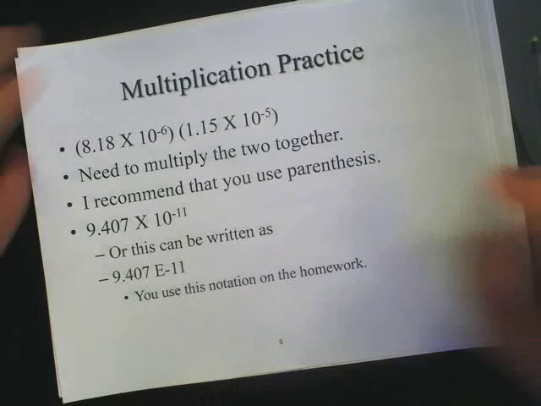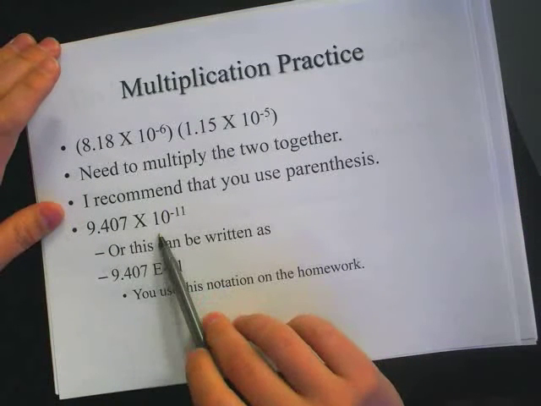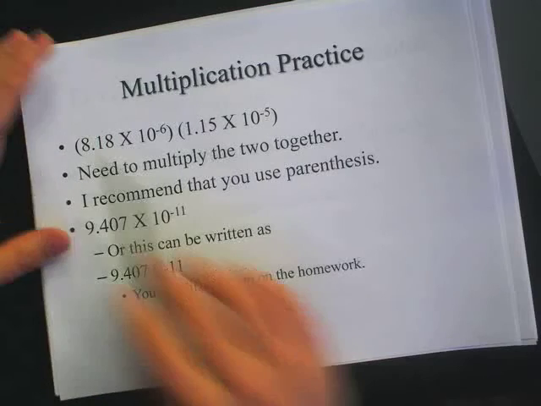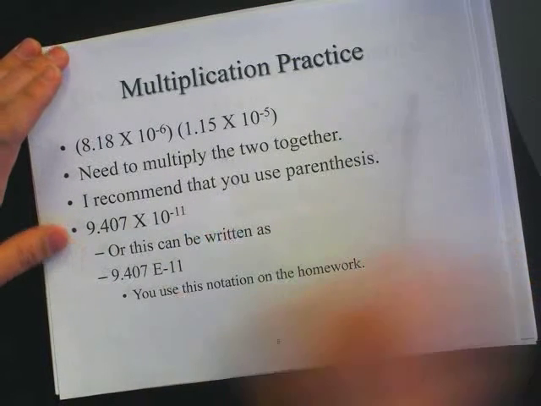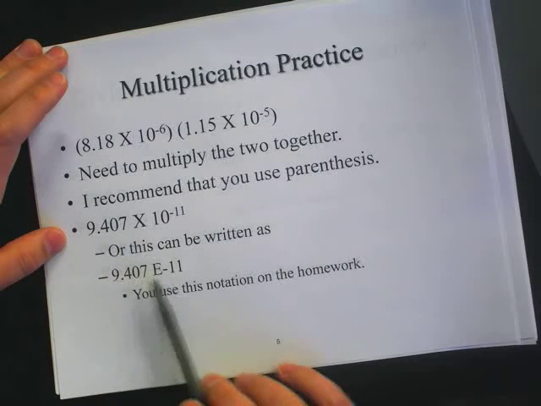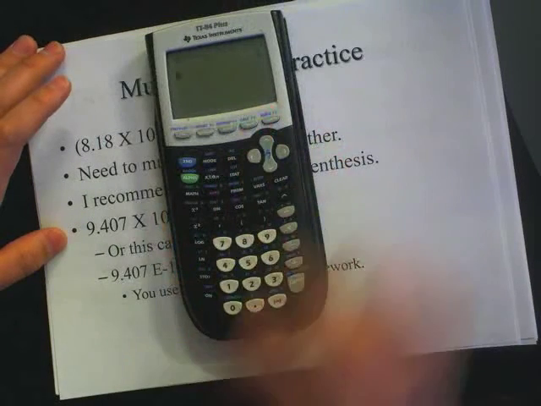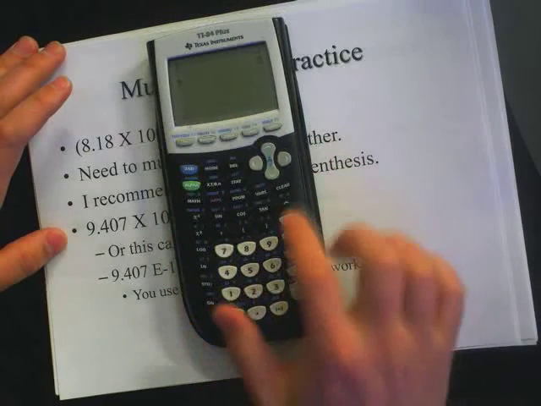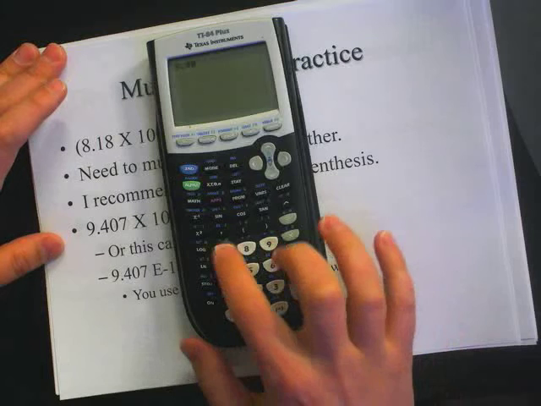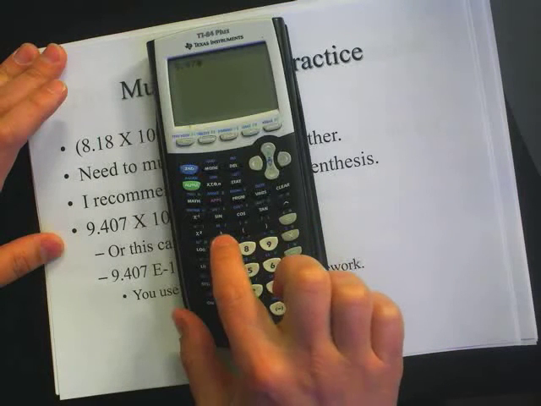Multiplication, I recommend that you use parentheses. You can just put it in your calculator as it is, but if you use parentheses, then you're better off. You can go straight to putting your calculator in as scientific notation. For most of you, what that looks like is you would do 9.47, and then above the comma, there's that EE.